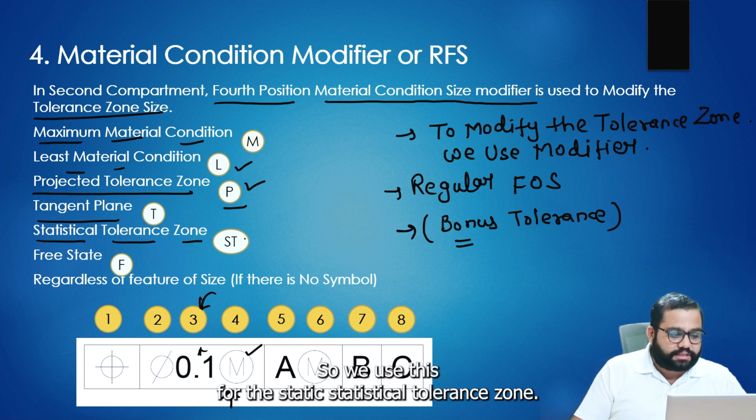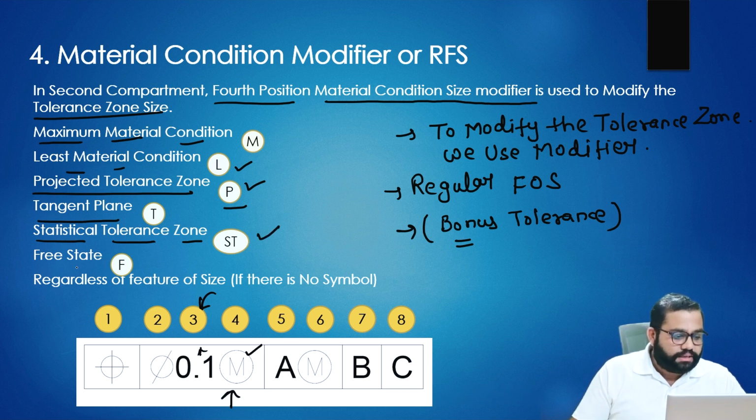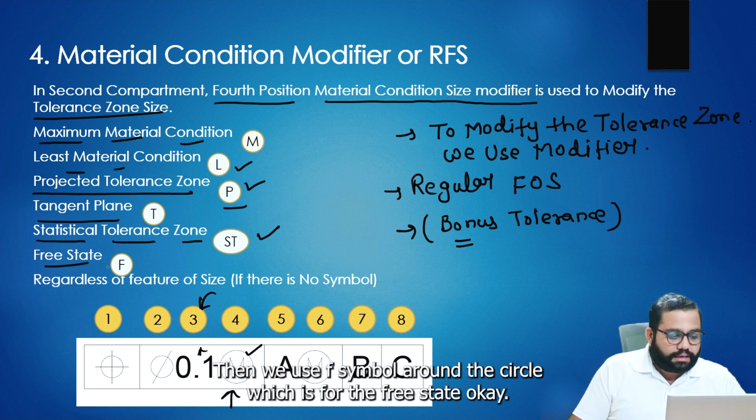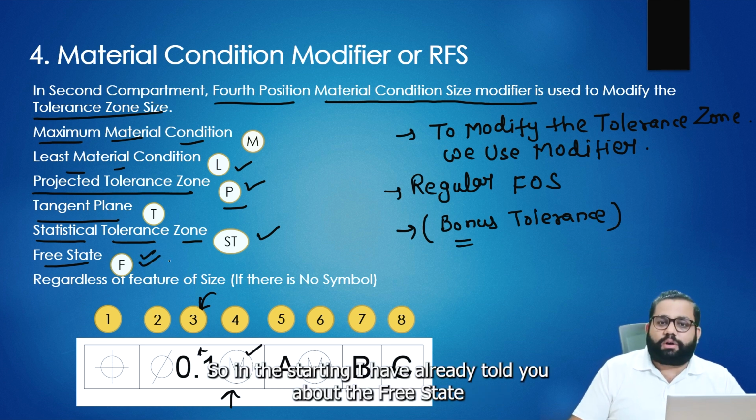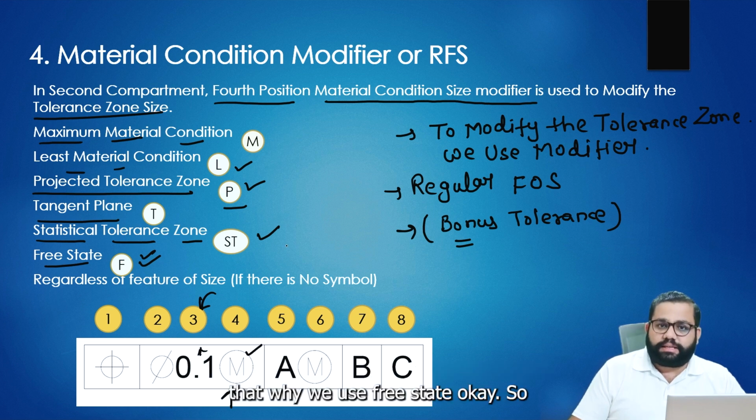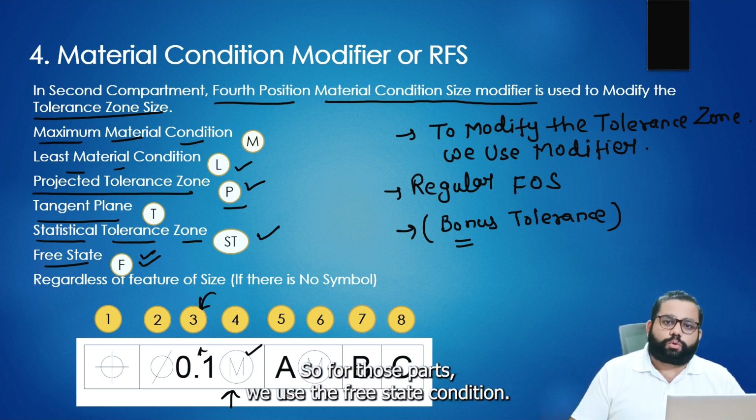For the statistical tolerance zone we use ST inside a circle. Then we use F in a circle for the free state. In the starting I already told you why we use the free state: for non-rigid parts, like rubber o-rings or gaskets, we use the free state condition.